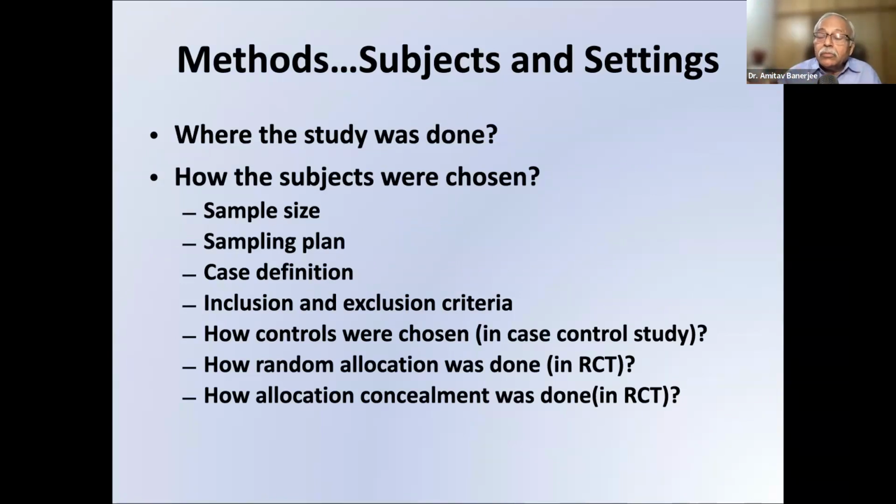It has to be done by lottery method every time. How blinding was done, because in an RCT blinding and random allocation are most important. These two things should be described in great detail, and also check them when you read a paper. And how much was the loss to follow up? There has to be a flow diagram, a CONSORT document.